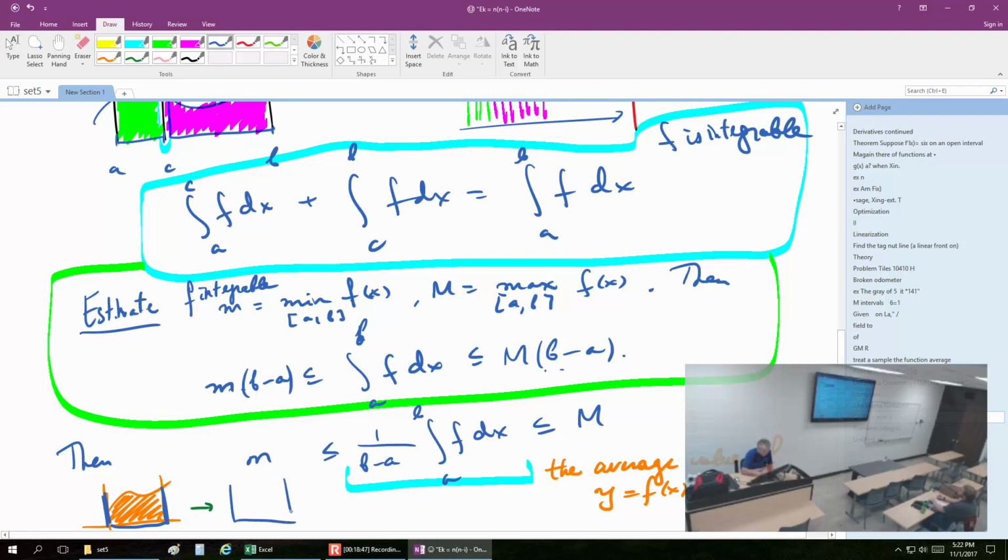So you still have the same sandbox and the same amount of sand, except you level the top. So it will look like this. So certainly it is justifiable that since you didn't lose anything, this is the average value of the function. Okay, so that is what calculus gives us.